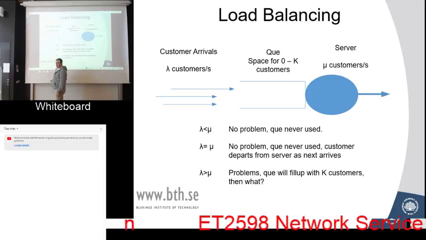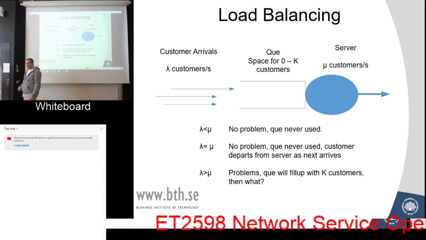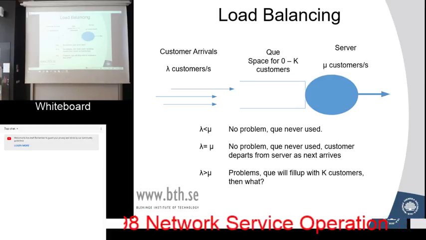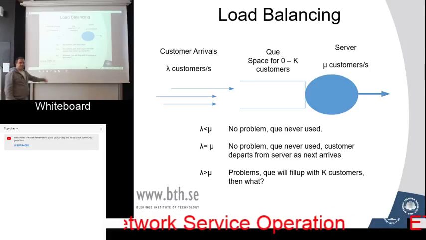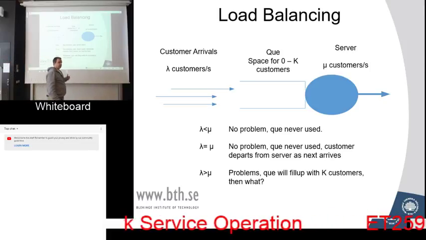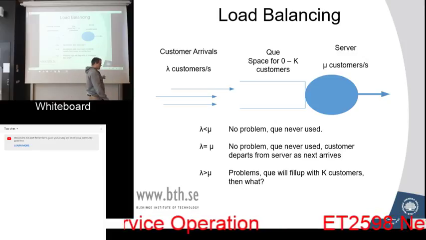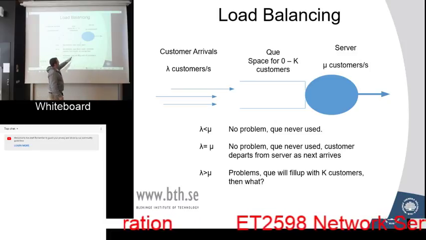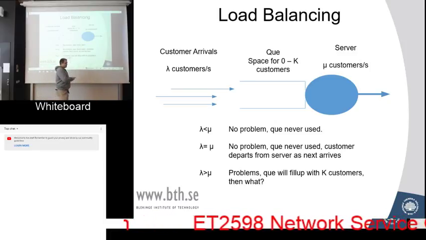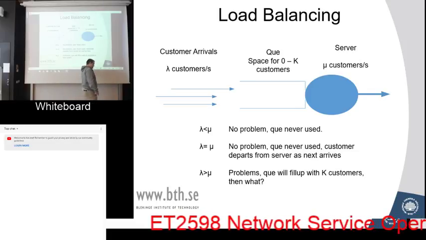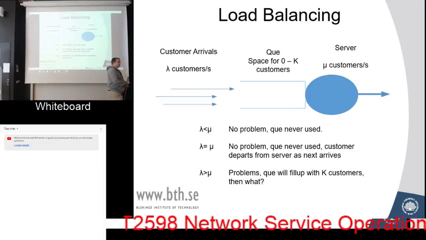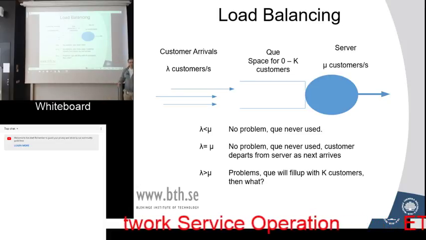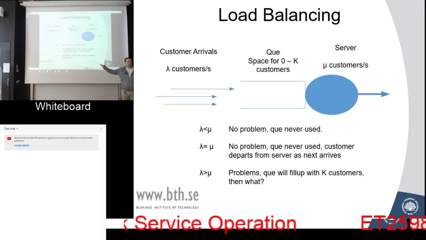If we're in this case, okay, now we will have a problem. We're serving 10 customers per second, but we're getting 15. So every 1 second, our queue will grow by 5 customers, right? And after another 5 seconds, we're at 10 customers, 15, 20. And as long as the customers don't slow down, our queue will continue to build up.